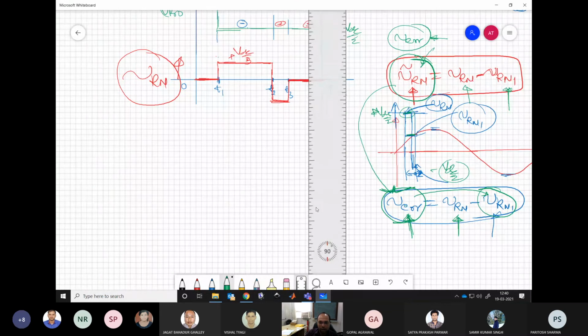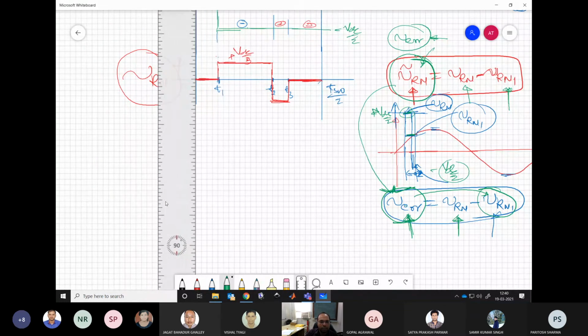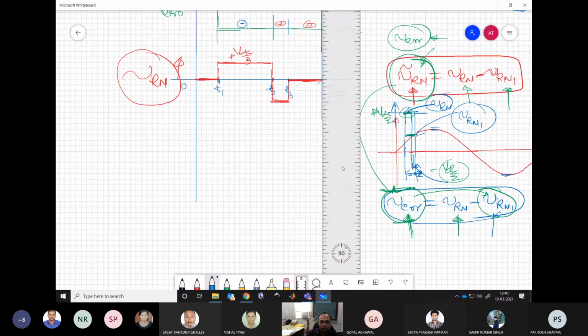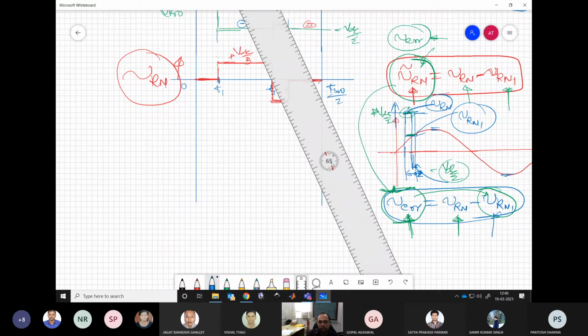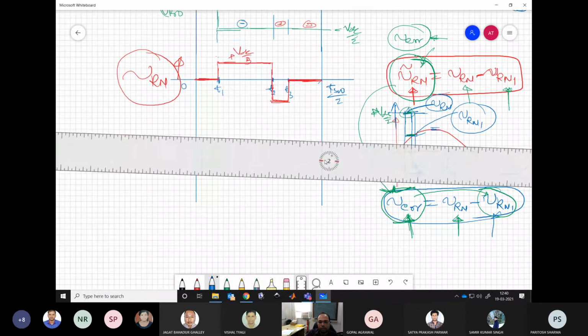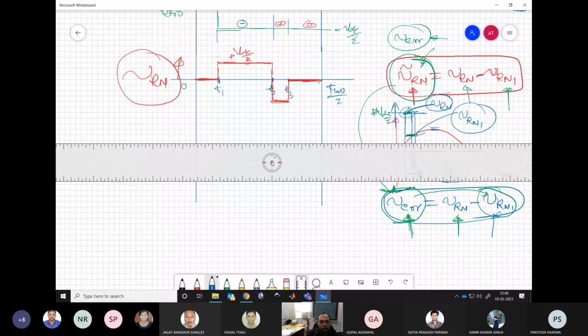So let me draw the vertical axis once again. Okay. Fine.